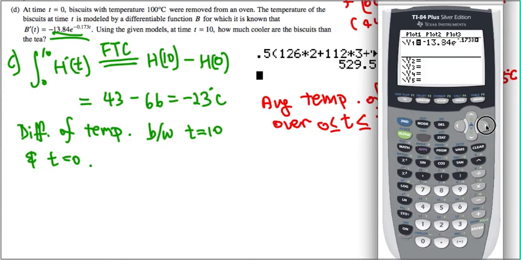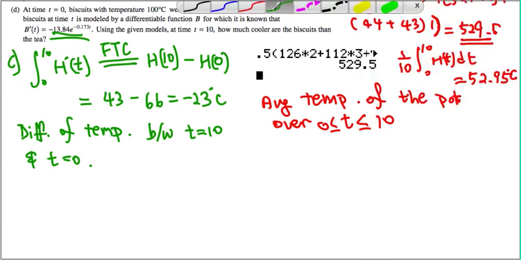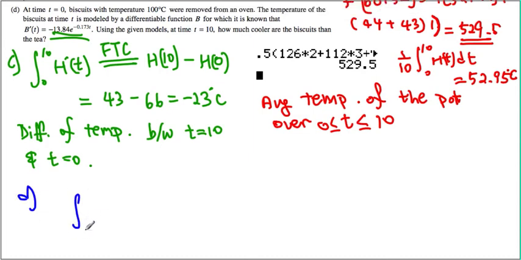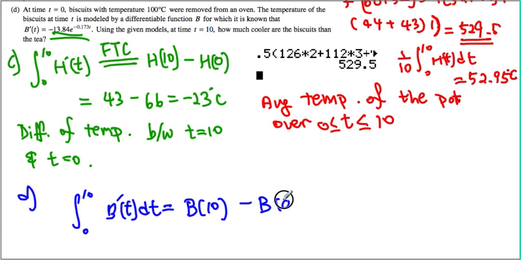All right. Now, knowing that, basically what we are about to do is this. For d, if you integrate from 0 to 10 of b prime of t, we'll end up getting b of 10, which is what we're looking for, minus b of 0, which we know already from the question. It was 100 degrees Celsius.